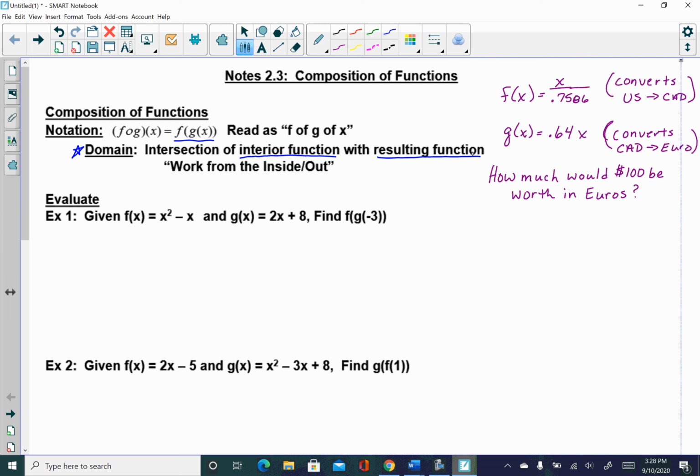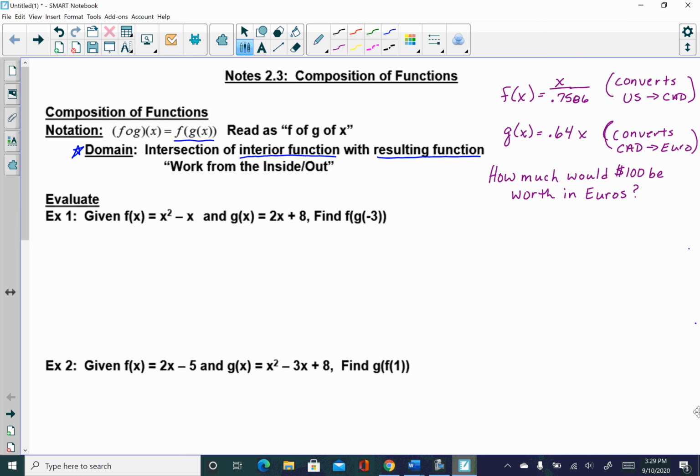If you draw your attention over here to the right on the screen where I've written here in purple, a lot of times I get the question, well, where would we use a composition of functions? So I thought a good one that you could maybe relate to would be converting money. Let's say we had 100 US dollars and we were trying to convert those 100 US dollars to euros, and we didn't have the exchange rate that would take me directly from US dollars to euros.